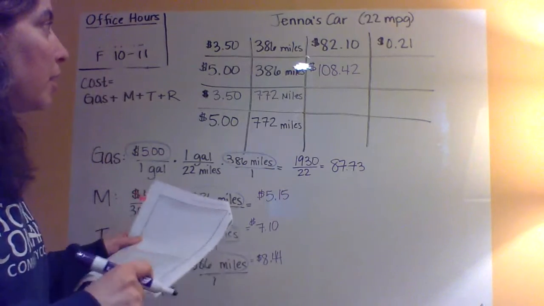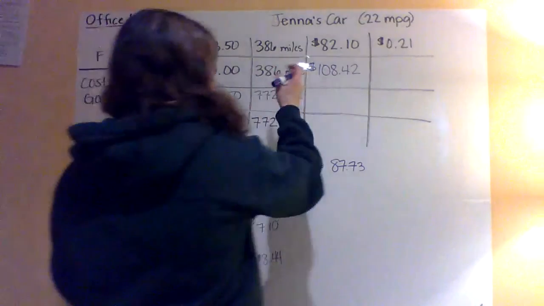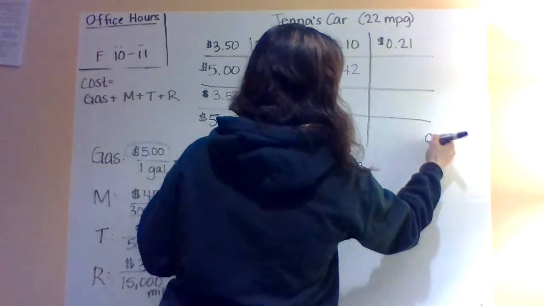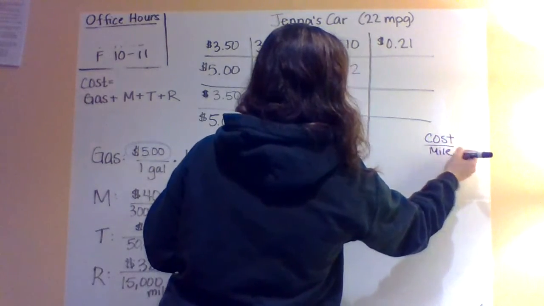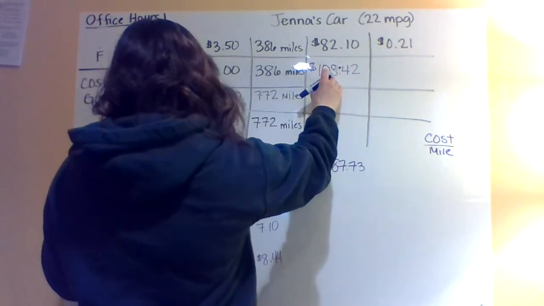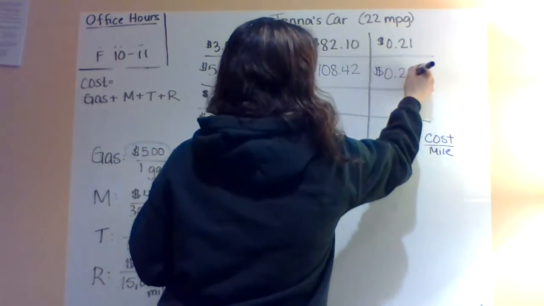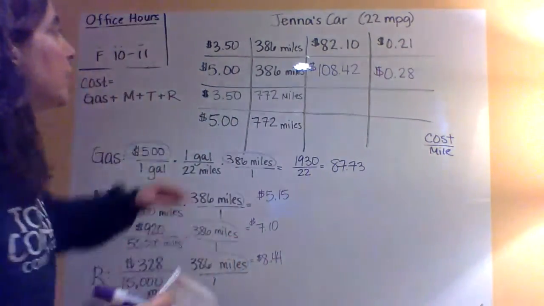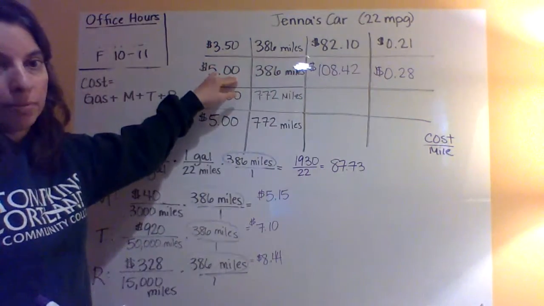Okay, then when I find cost per mile, remember again, cost per mile, I'm going to divide them in that order. So my cost is 108.42. My number of miles is 386. I get that it's 28 cents per mile. Okay, it costs more per mile because my gas price went up. Makes sense.